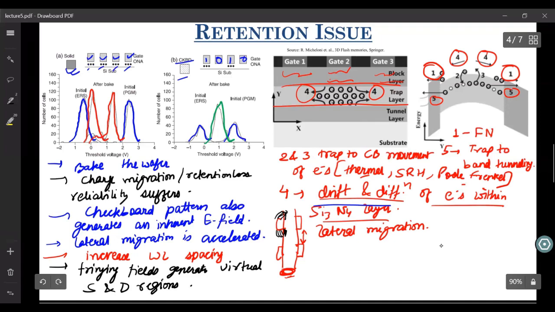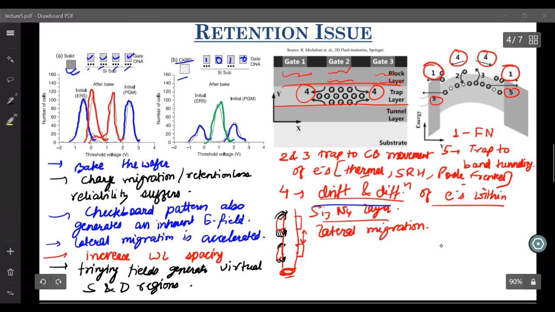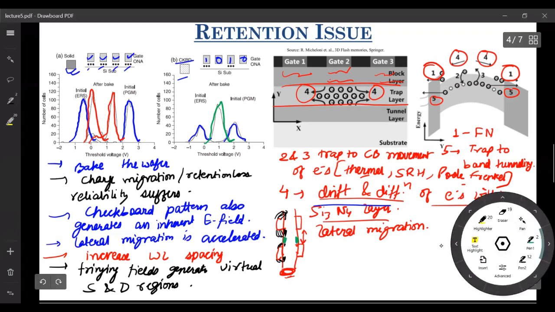So if these cells are placed far apart, then only in some region very close to the cell would these inversion regions or virtual source drain regions be generated. And in the middle, you would expose some region which is undoped, and because of that, what would happen?